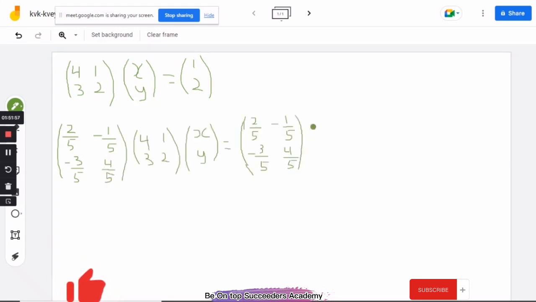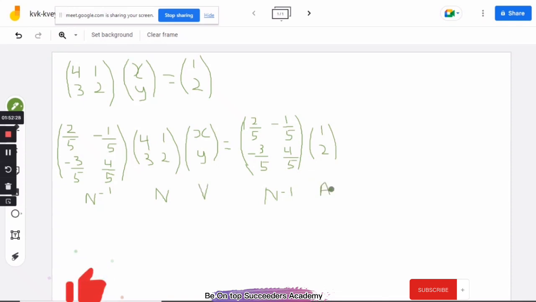If you're wondering why I'm writing the inverse matrix on this side of the equal sign before the matrix that has 1, 2, it's because that's the only position in which a 2 by 2 matrix can be multiplied by a 2 by 1 matrix. And if you don't know how to identify orders of matrices, then you need to check my video on orders of matrices, because you want to be as clear as possible and understand the foundational concepts.